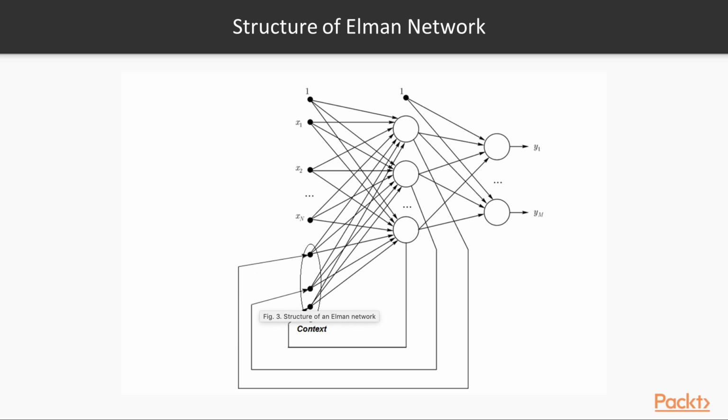The main advantage of Elman networks is that the number of context neurons is defined not by the number of outputs like in a Jordan network, but by the number of hidden neurons, which makes the network more flexible. Hidden neurons can be easily added or taken away, unlike the number of outputs.